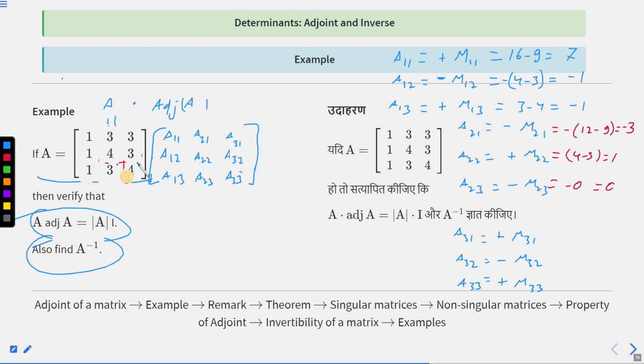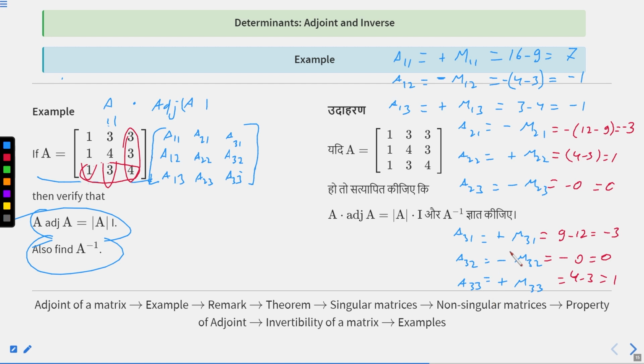Now eliminate third row and first column. So 9 minus 12 will give you minus 3. Eliminate third row, second column. So 3 minus 3 will be 0. Now eliminate third row, third column. So 4 minus 3 will give me 1.